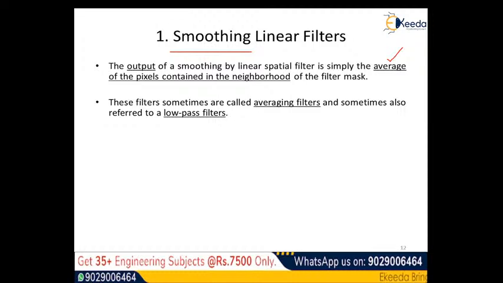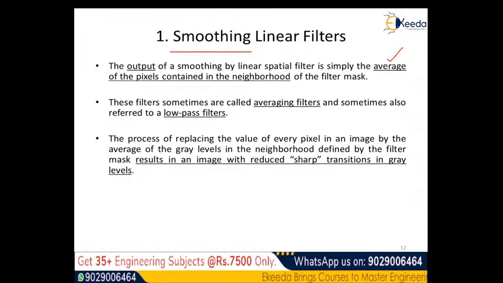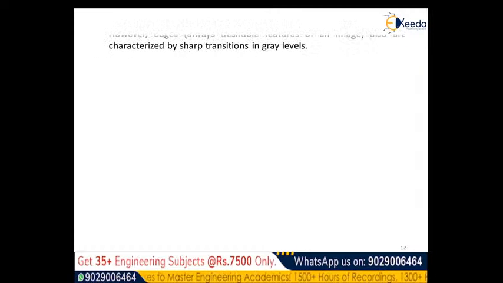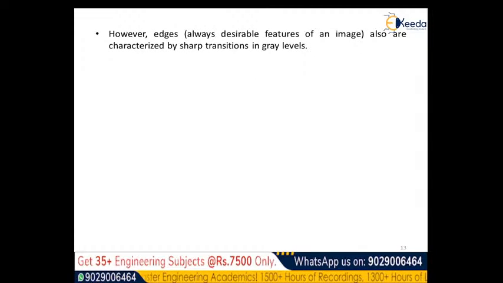So that is the process of this particular smoothing linear filter. We get results in the image with reduced sharp transitions as we achieve the smoothing here. Then the noise reduction application we have talked about. When we talk about an edge, a pixel inside, well inside or in the middle of the image plane, it is also characterized by sharp transitions of the gray levels here.